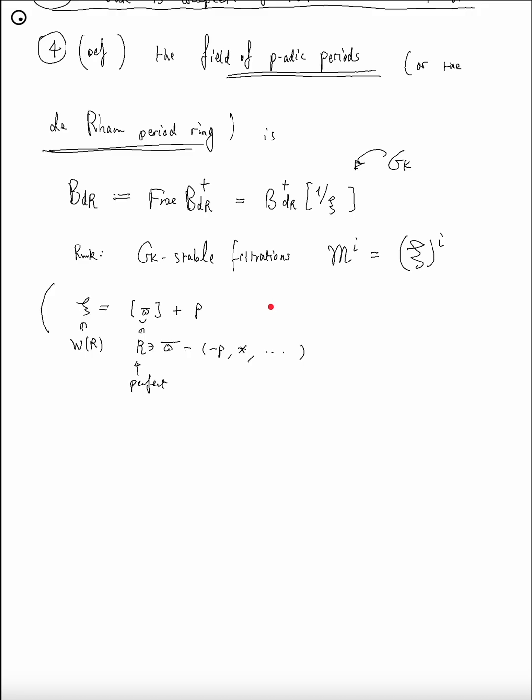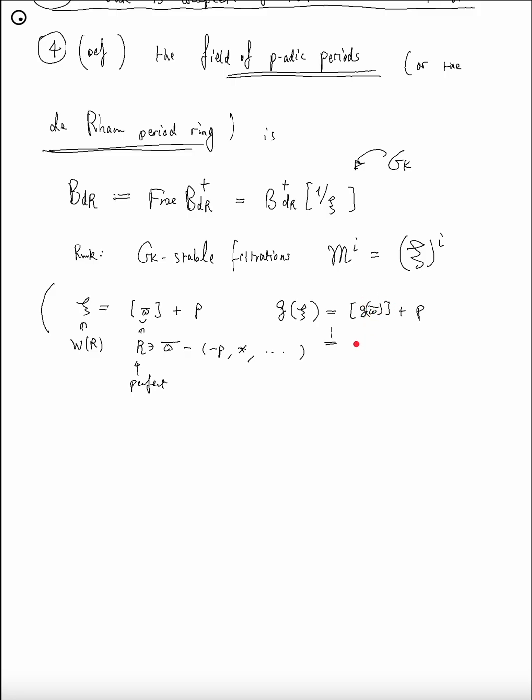Good. So now let's check G of C. This plus p preserves Z_p, fixes Z_p, invariant. And now let's check this.